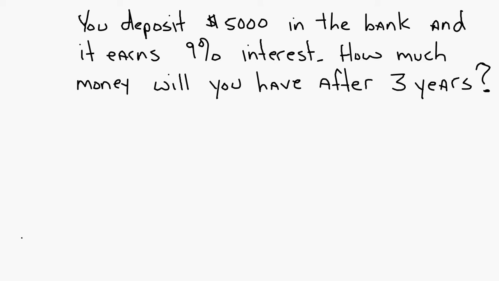Now, can anybody tell me how to take that information and write it in the form of a question like the problem we just did? What are they asking you in this problem? They're asking you how much money you're going to have after 3 years. But how does this question relate to what we just did? 5,000 is 9%.